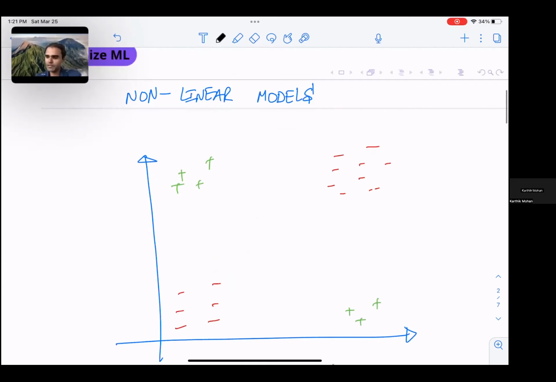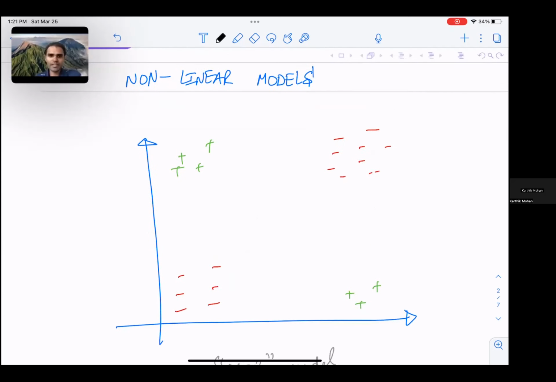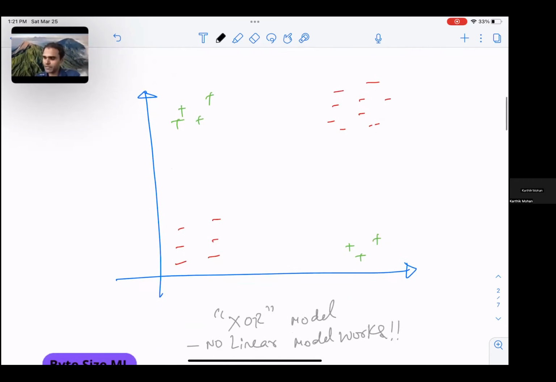So that's where we have nonlinear models. So here's an example where your two classes, the positive and negative labels, are set up in a way that no linear model can actually discriminate the positives from negatives perfectly. This is also called the XOR function. You can see it's exclusive OR.